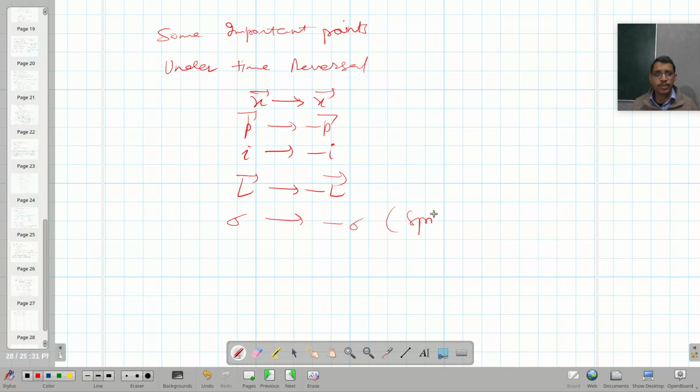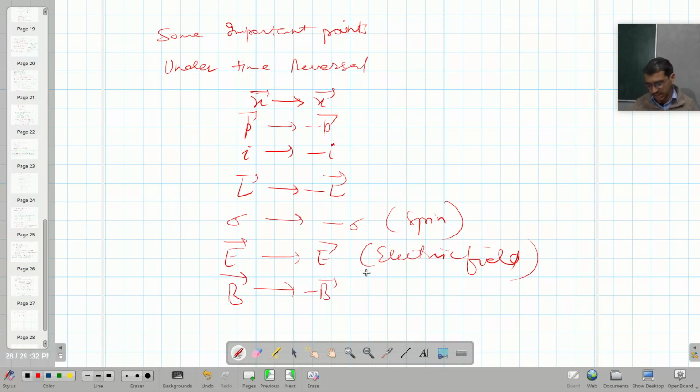This corresponds to spin. Also E will remain E. This is for the electric field, right? Electric field will not change, but the magnetic field will change its sign. So these are the few results which we have to keep in mind, right? So that's all for the time reversal.